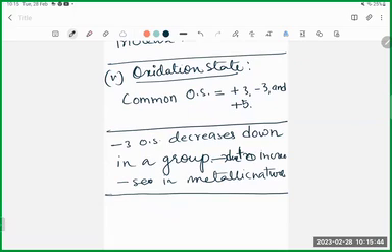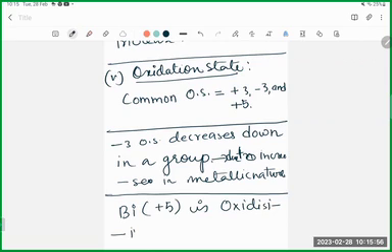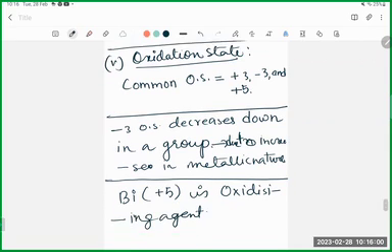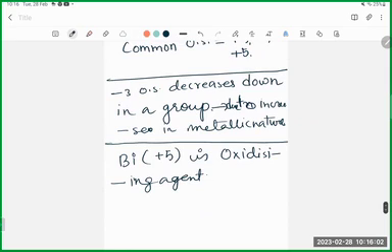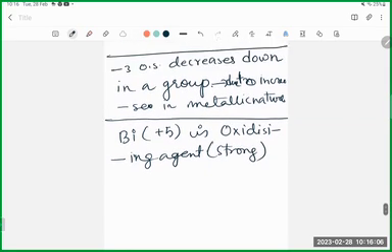So we can say bismuth, which is in the +5 oxidation state, will be a strong oxidizing agent, right? Clear?